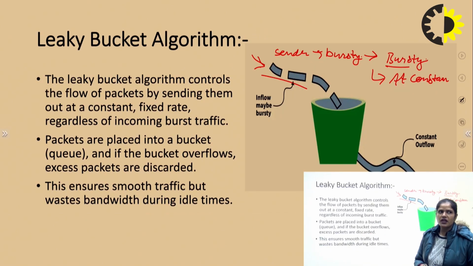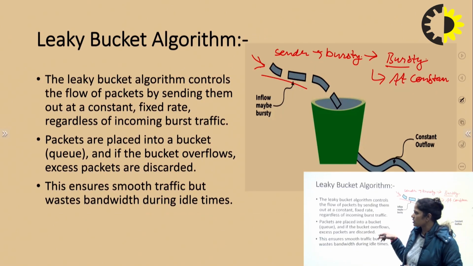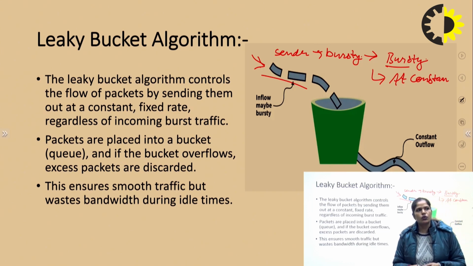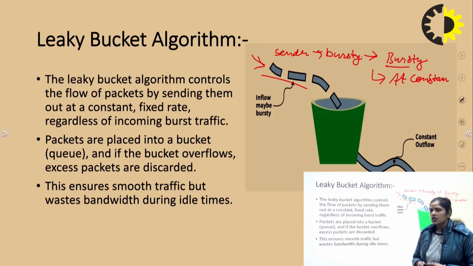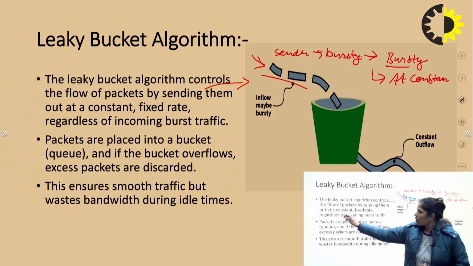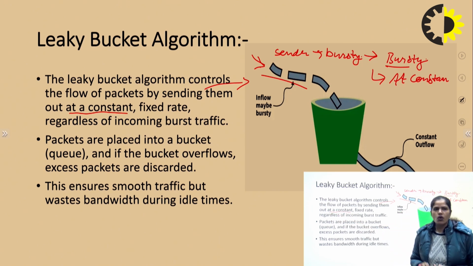So in the previous slide we were talking about this type of scenario. Basically, the leaky bucket algorithm controls the flow of the packets sent by the sender, and it outputs them at a constant rate. That is, the sender sends the data at any rate, but it always goes out at a constant rate.